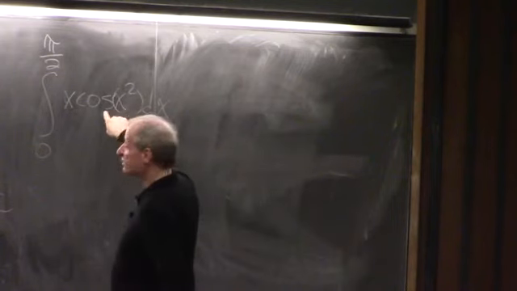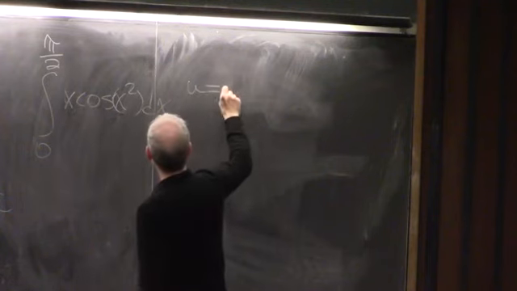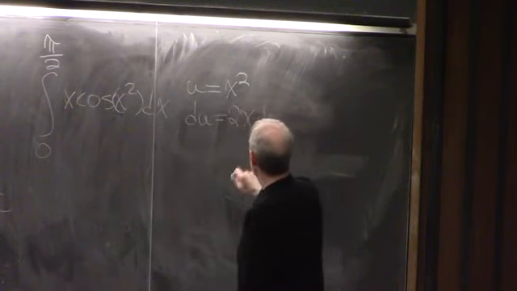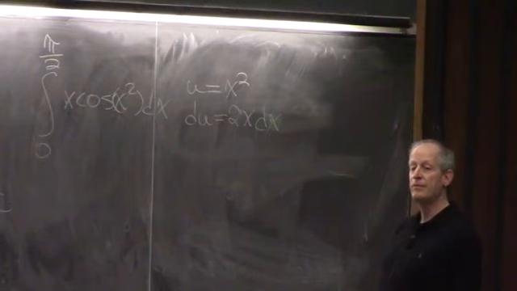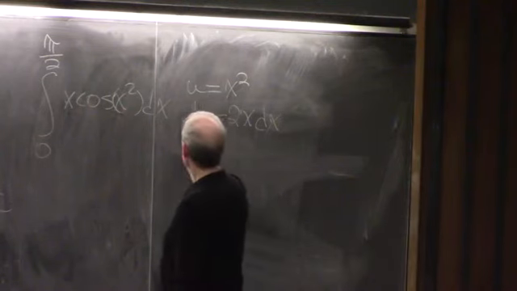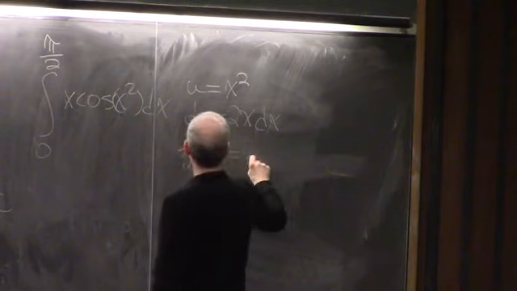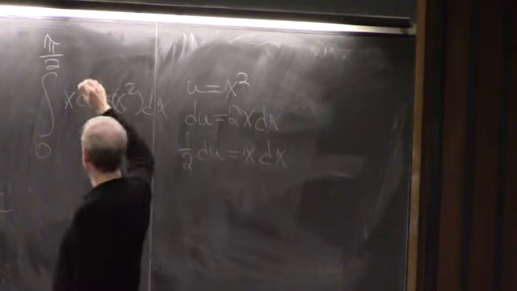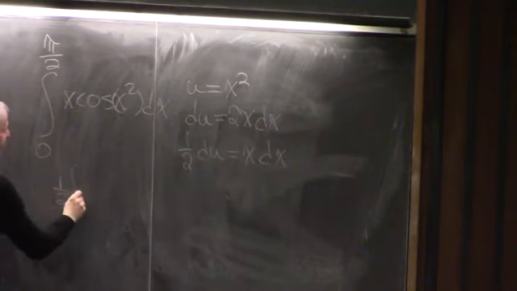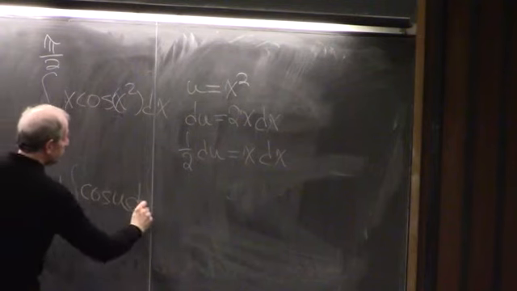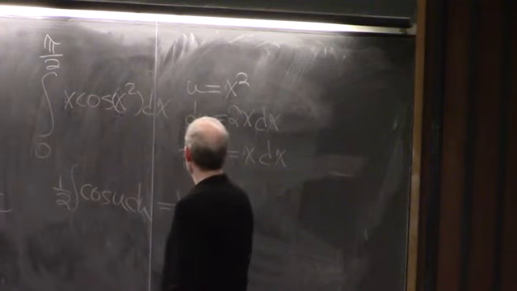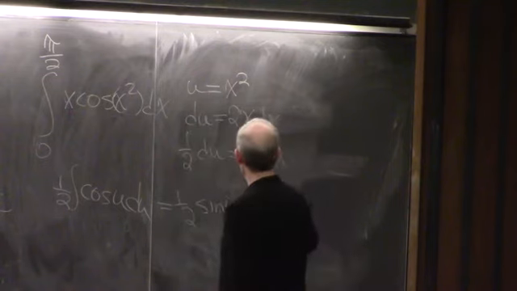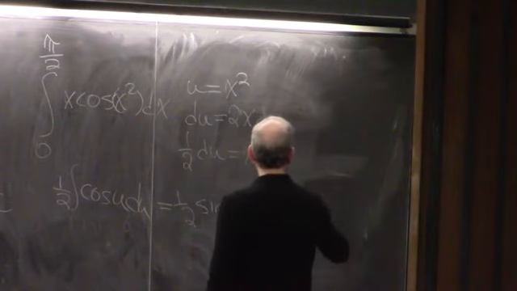I look and I see x squared and x, so I'm going to let u equal x squared. The du would be 2x dx. So 1/2 du is x dx. So ignoring the limits, I would just have 1/2 integral of cosine of u du, which is 1/2 sine of u, which is 1/2 sine of x squared.